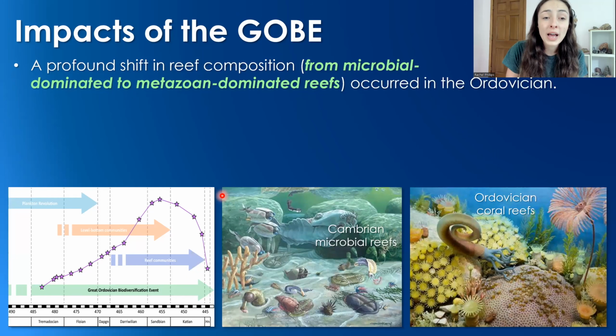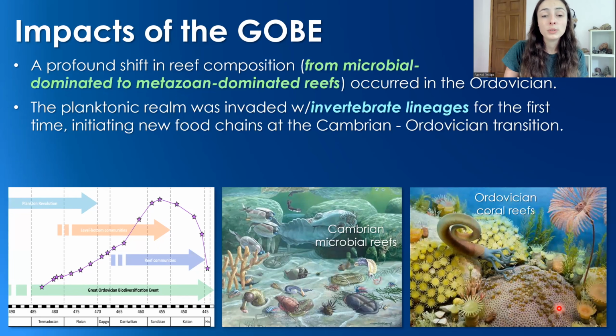There was also a profound shift in reef composition, basically from microbially dominated reefs like stromatolite reefs in the Precambrian and Ediacaran, which shifted to metazoan or animal dominated reefs like coral and sponge and stromatoporoid reefs from the Ordovician onward.